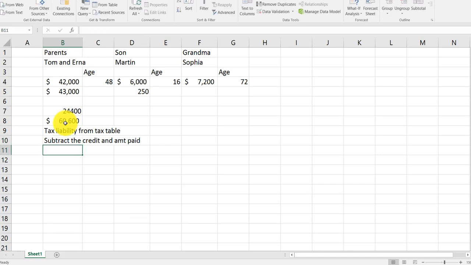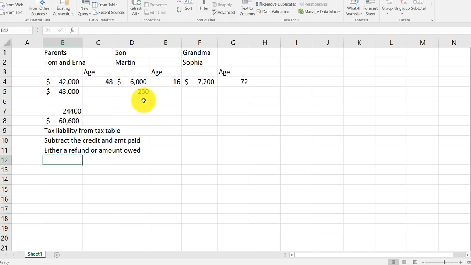And then you get either a refund if your amount of the credit and tax paid is more, or amount owed. And we'll go a lot more into additional credits and other things that might be available in a later chapter. So that's what Tom and Erna's roughly would look like on their 1040.